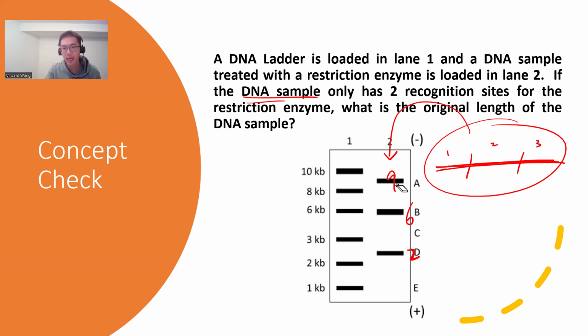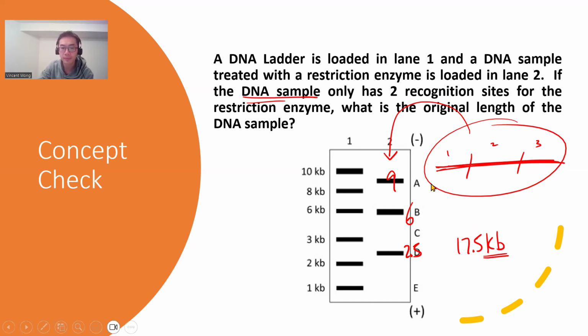So if you add them together, 9 plus 6 is 15, plus 2 is 17. So the original length is 17 kilobase pair, kb. You can actually go 2.5 here to be more accurate, halfway between, so that's like 17.5 kb. Kilo means 1,000.